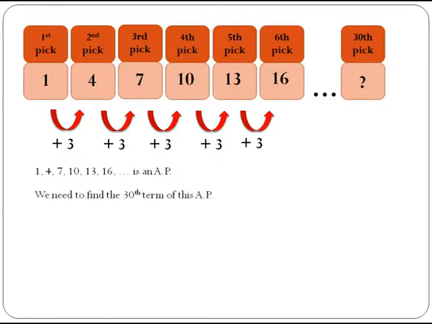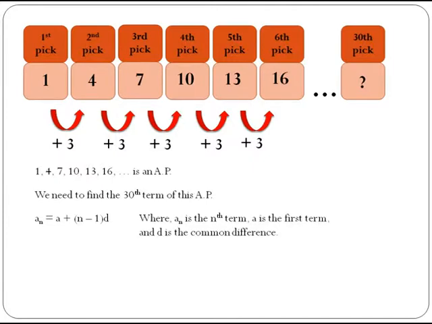That is, if you know that you have an AP and you want to find, let's say, the 30th term of it, you can do so. The formula is given by a_n = a + (n - 1)d, where a is the first term of the AP, a_n is the nth term of the AP, and d is the common difference.